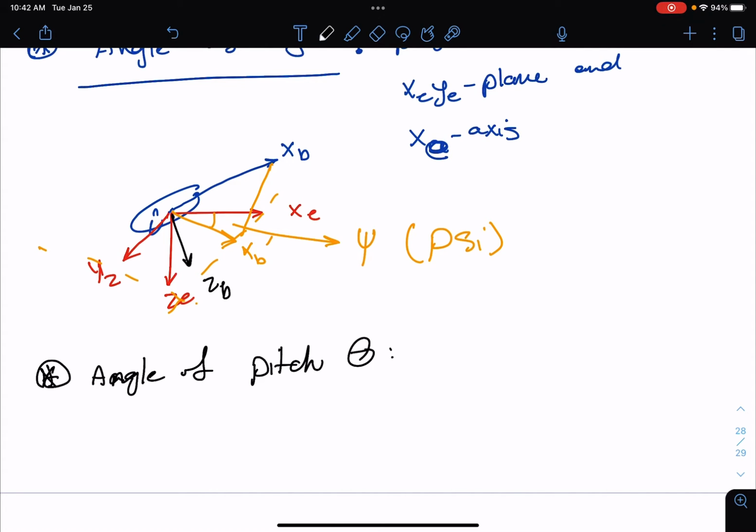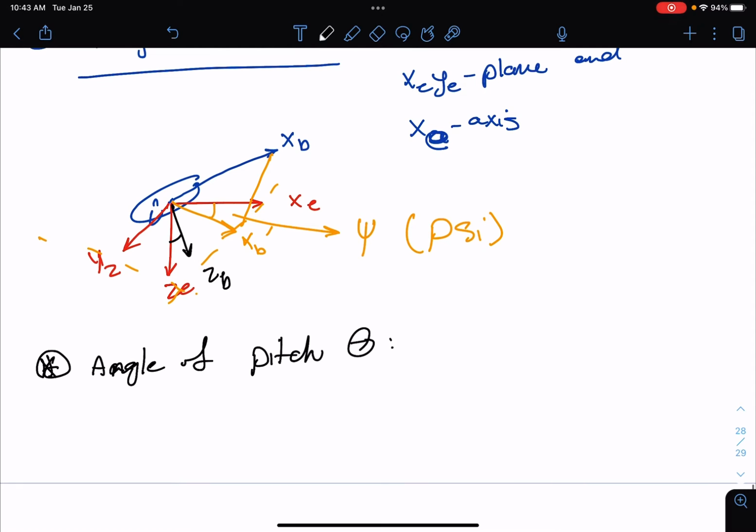So you mean this angle, right? Yeah, that angle right there. That's it, which is true. But we can also define it as the angle this XB makes with this XE YE plane, right? This angle. Same thing, right?